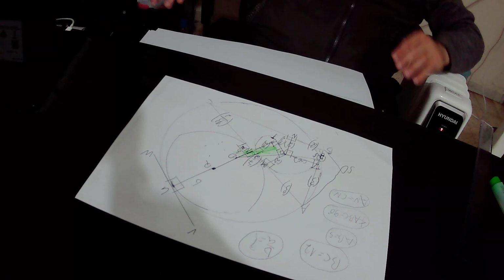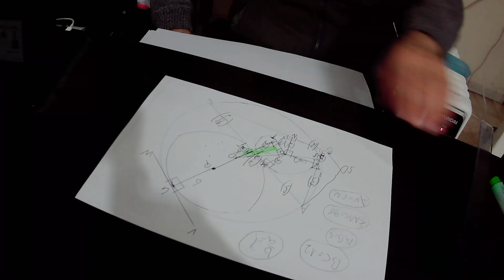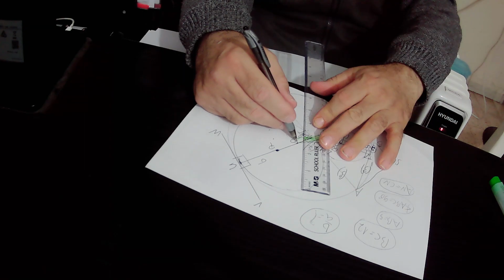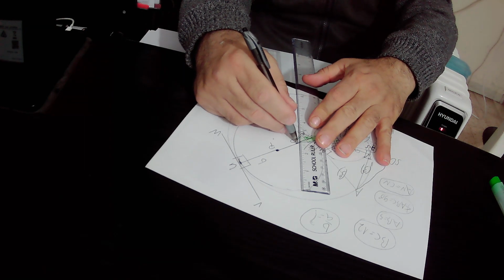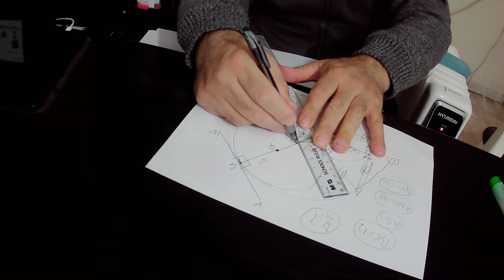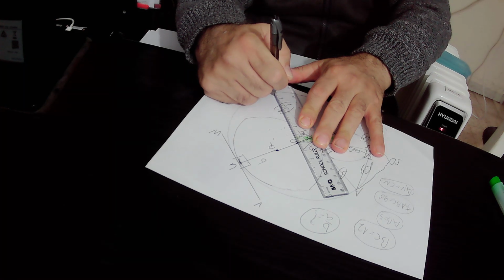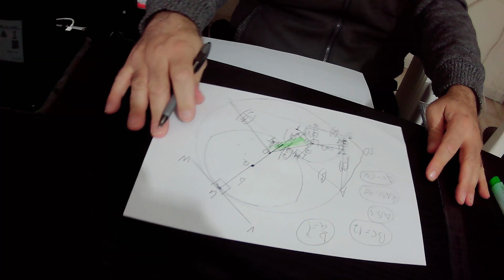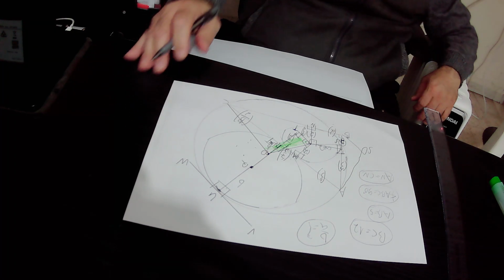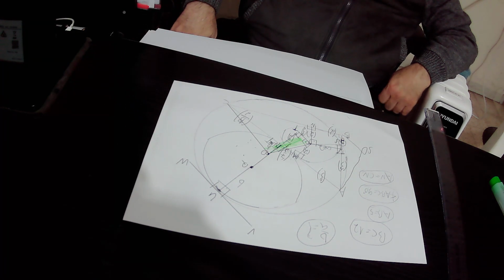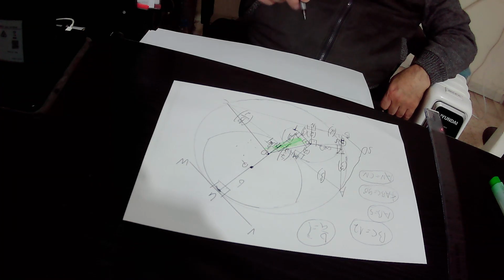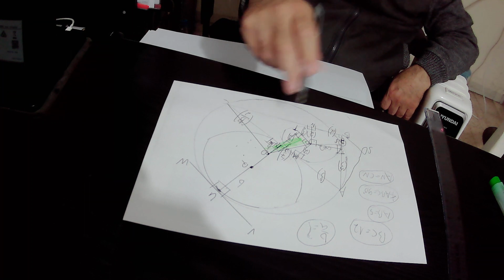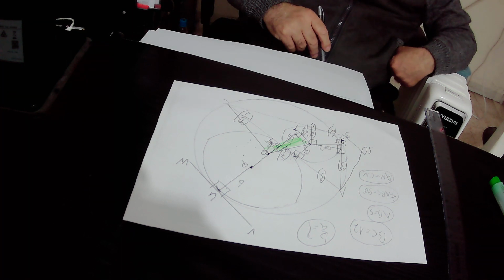In the next step, we join points O and C together by a straight line. And we implement the Pythagoras theorem on the right triangle ONC. We know that NC equals 13 over 2, and OC is x according to our definition.